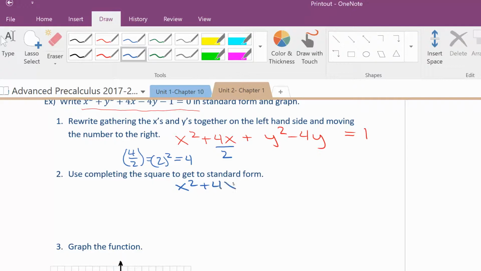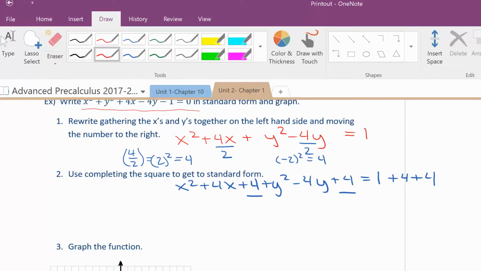So I get 4x plus 4. And for y squared, on this side, I'm going to divide by 2, so I get negative 2 squared is equal to 4 as well, so I add 4 there. Then I'm going to add both of these numbers to the other side. So I'm going to add 4 and 4.